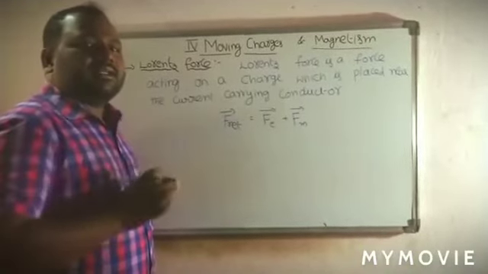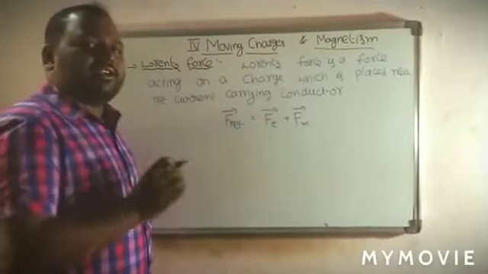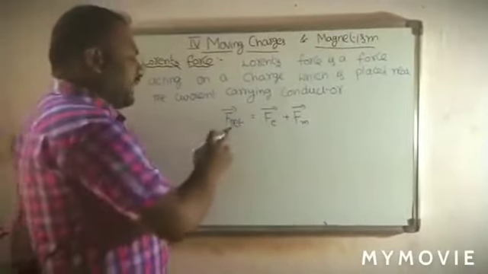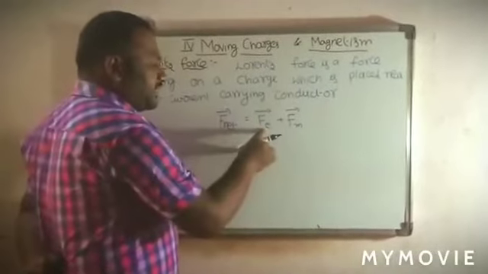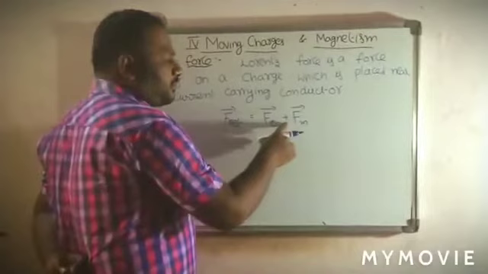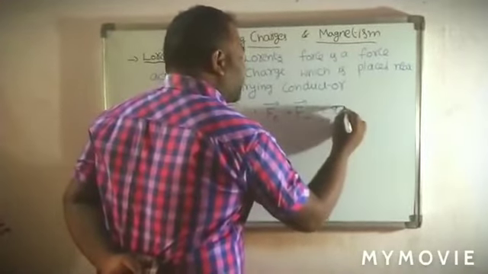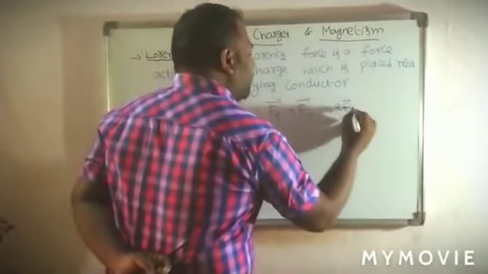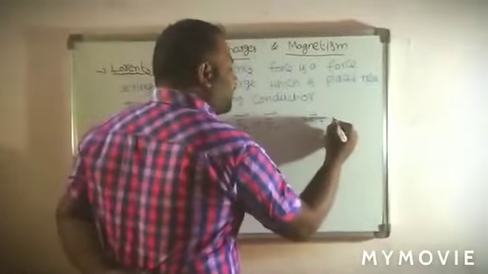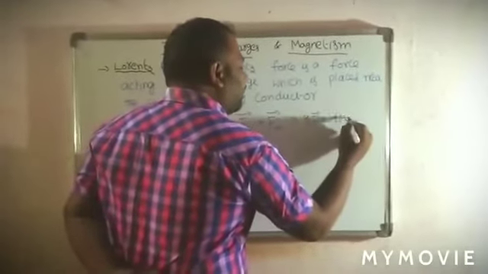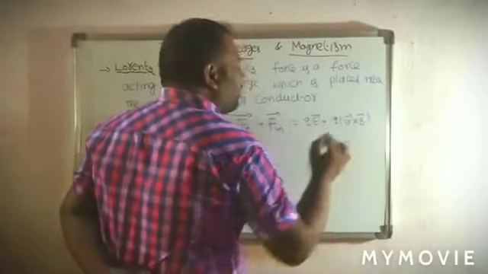Lorentz is the name of the scientist. According to Lorentz, the net force acting on the charge due to the current carrying conductor is the electric force plus the magnetic force. The electric force is charge into E bar, plus the magnetic force, which is charge into V bar cross B bar.